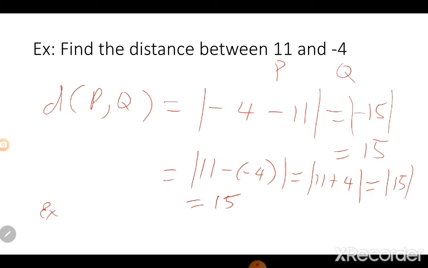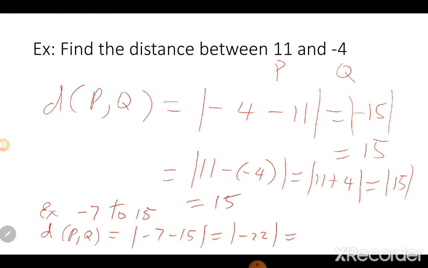Say we wanted the distance from minus 7 to 15. Again, that distance, let's call it PQ again, is the absolute value of minus 7 minus 15, which would be the absolute value of minus 22, and that's equal to 22.